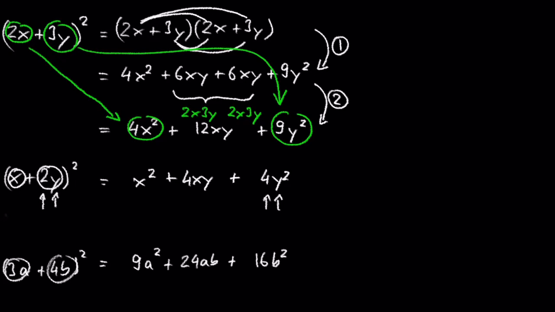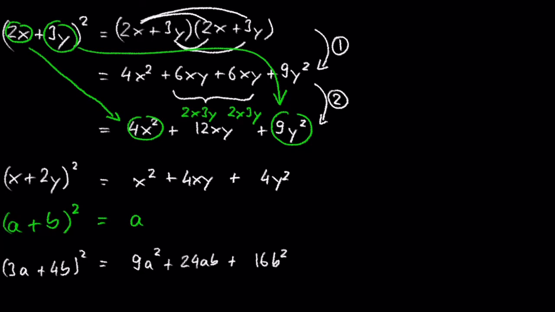And we are done. In general, we write the first term plus the second term in parentheses and then raise that to the second power, as (a + b) squared. This is the same thing that we did before. We squared the first term, which is a, so we get a squared, and we squared the second term, which is b, so we get b squared.